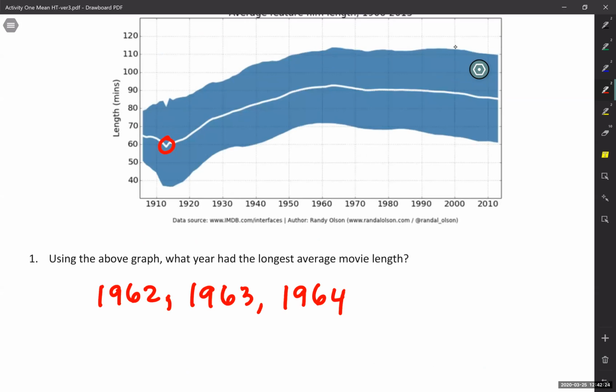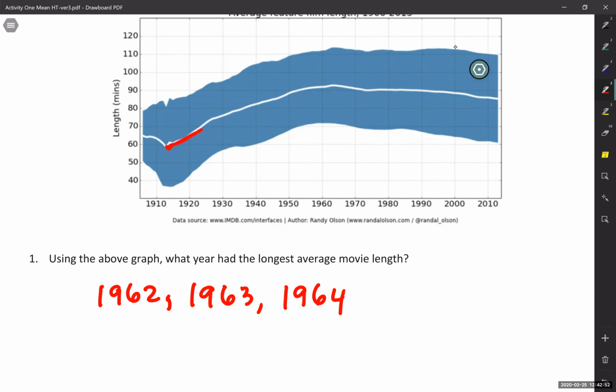Or another answer might be, well, it said 10-year period. Typically we think of decades as starting with the numbers listed there, 1910, 1920, 1930, but really decade just means 10 years. It doesn't necessarily have to start at a specific time. So you could even say, you know what, from this point to 10 years later, that was the sharpest increase.